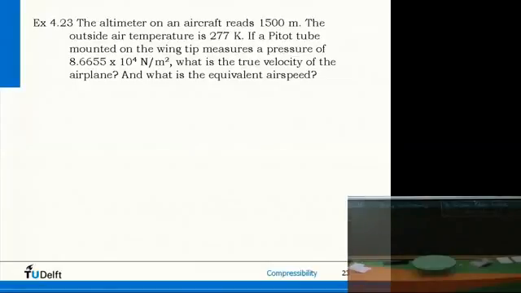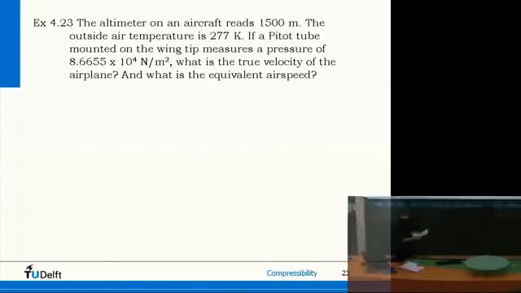P0 plus a half rho V0 squared, and V0 is 0, is P plus a half rho V squared. V we're looking for, P we can find from the table. And this table gives you that P is 8.6655 times 10 to the power 4 newtons per meter squared.